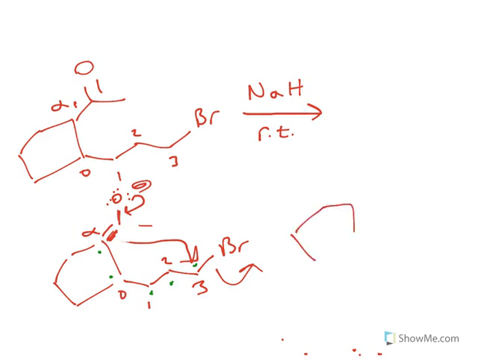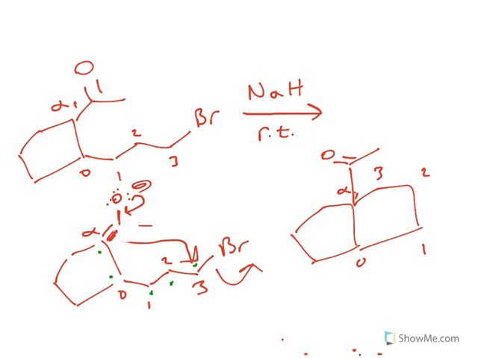So it's going to be 2 5-membered rings fused to each other. Let's count them: this is alpha 1, 0, 1, 2, and 3. So where is our oxygen? Well, it is out here. We get the methyl ketone on the outside. So 2 5-membered rings fused together, and then we have a methyl ketone off the alpha 1 position.